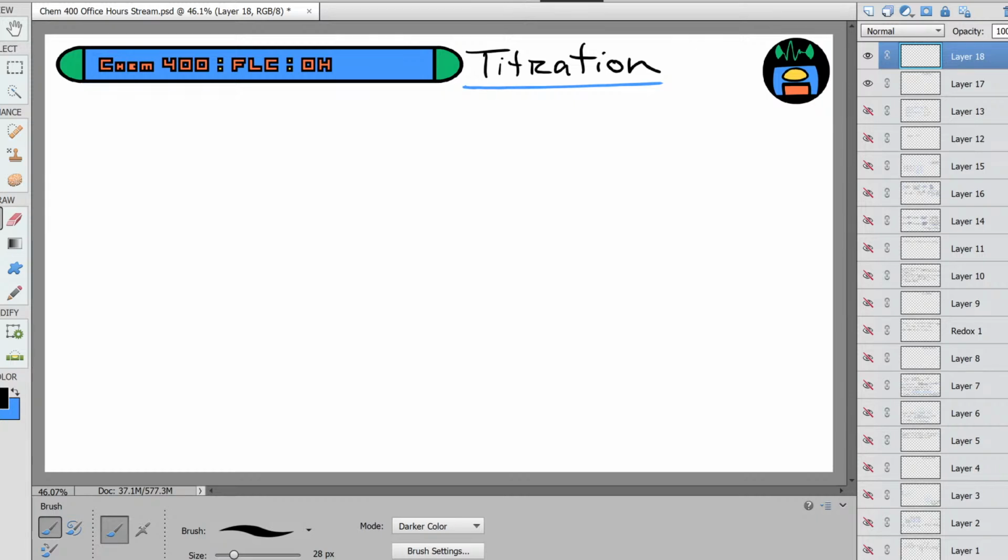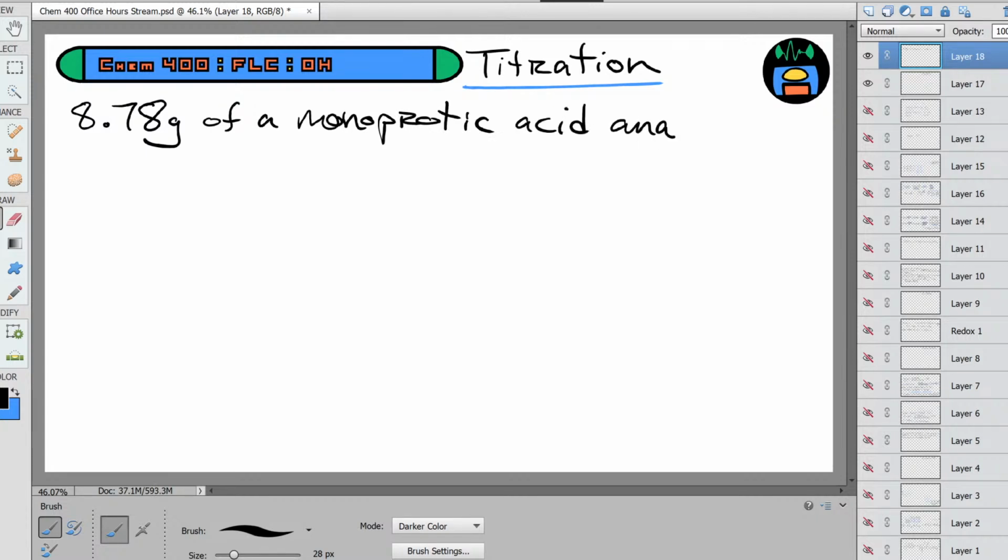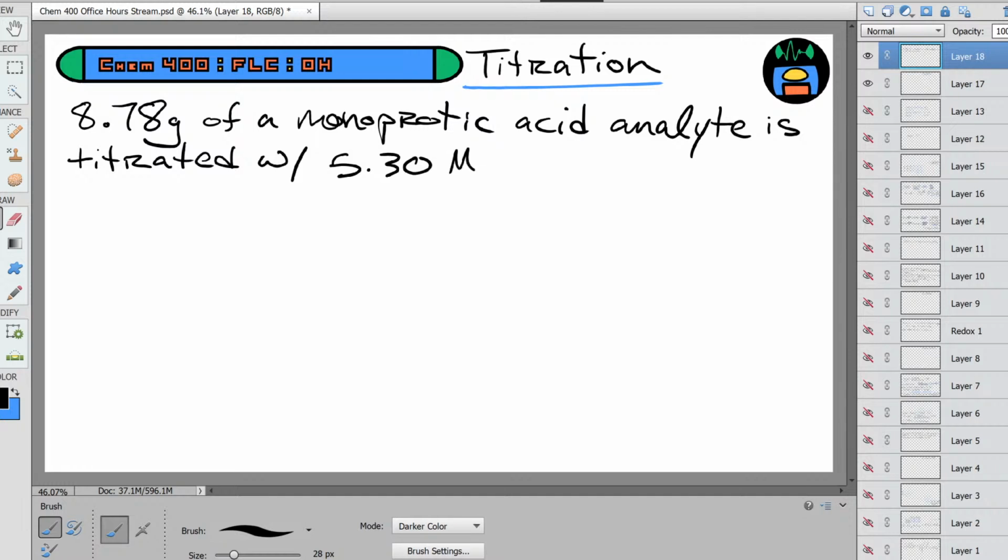So, 8.78 grams of a monoprotic acid analyte is titrated with 5.30 molar KOH titrant.